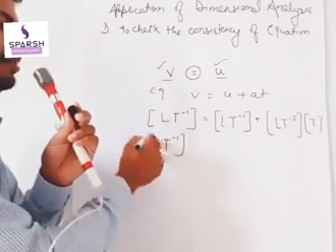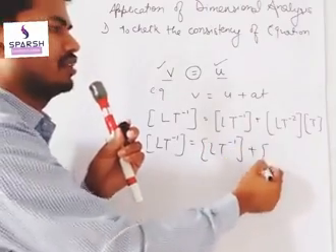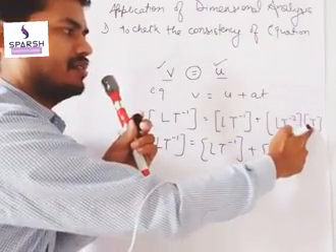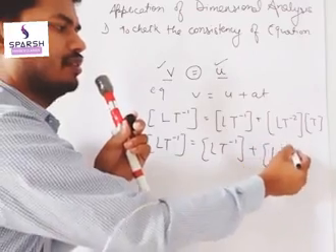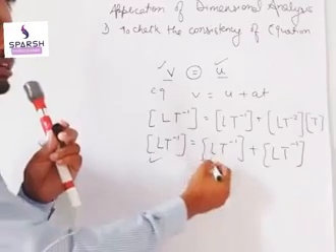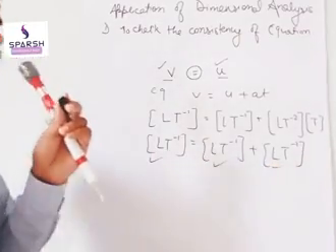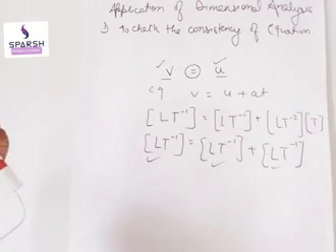LT minus 1 is equal to LT minus 1 plus, here when bases are the same, powers are added in multiplication, so minus 2 and plus 1 will become minus 1. So see here, all the quantities in LHS and RHS have the same dimensional formula, therefore this equation is consistent.